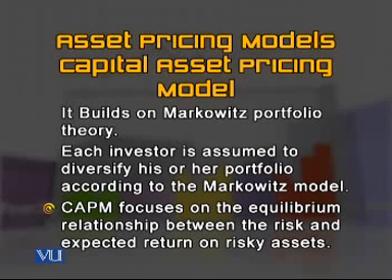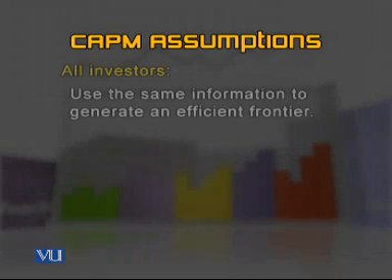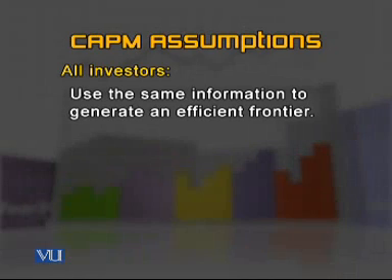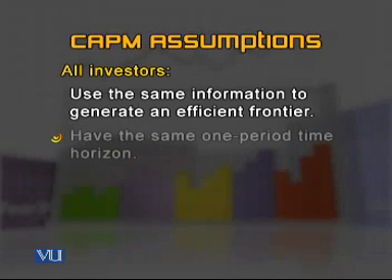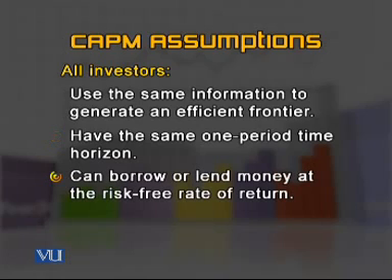So we looked at length at the factors revolving around the capital asset pricing model and its predecessor, the Markowitz portfolio theory, and the assumptions: that all investors use the same information to generate an efficient frontier, they have the same one-period horizon for their portfolios, and they can borrow or lend at a risk-free rate of return.